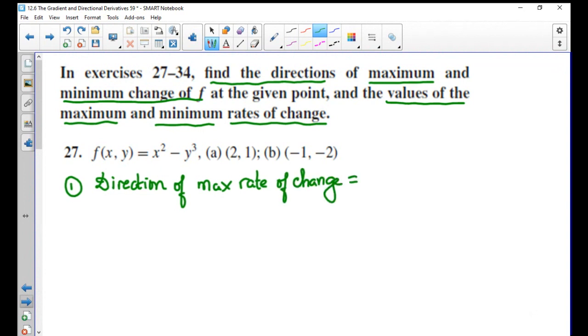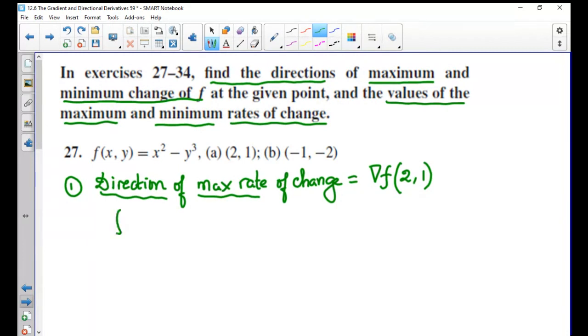Well, the direction of the maximum rate of change is just the gradient vector. So when we move along the gradient vector, this is where the function changes the most, with the maximum rate. So we need to find the gradient at the point (2, 1).